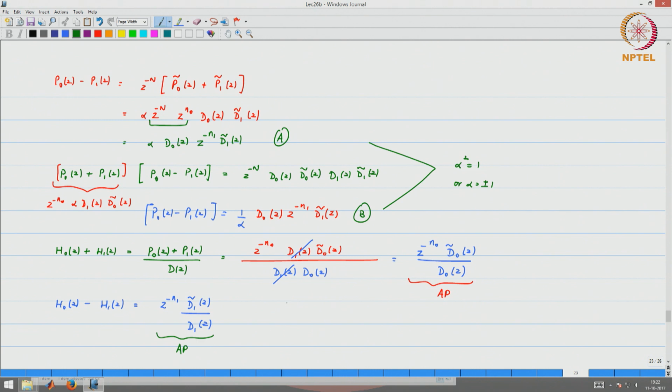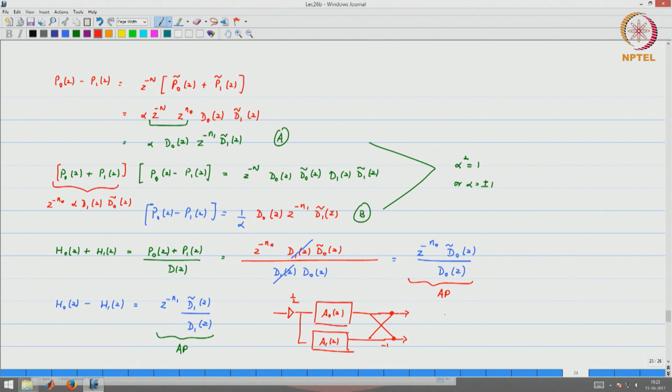So, h naught plus h1 can actually be implemented in the following way: scale factor of 1/2, all pass function a naught of z, all pass function a1 of z, a crisscross, the upper branch goes with the plus 1, lower branch comes with the minus 1.